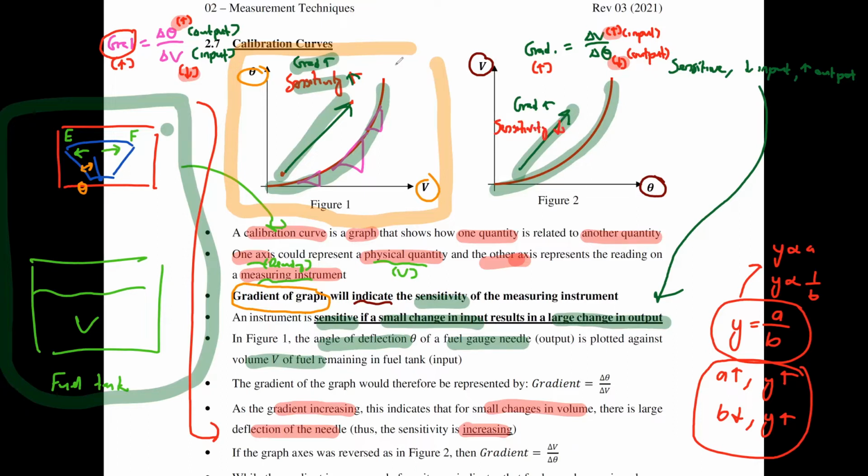is dropping instead. That's why, in this statement here, I said the gradient of the graph will only indicate to you the sensitivity. It is not equal to sensitivity all the time.